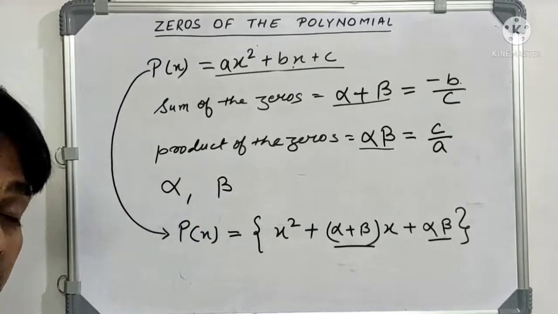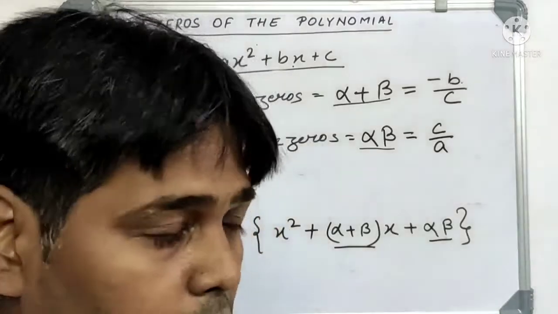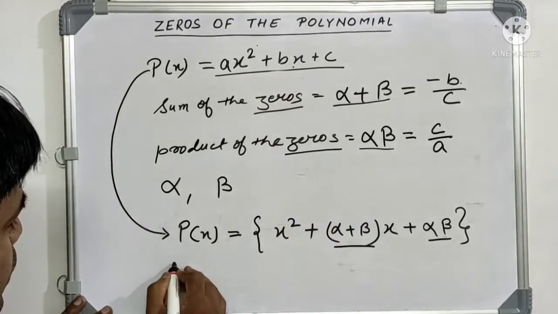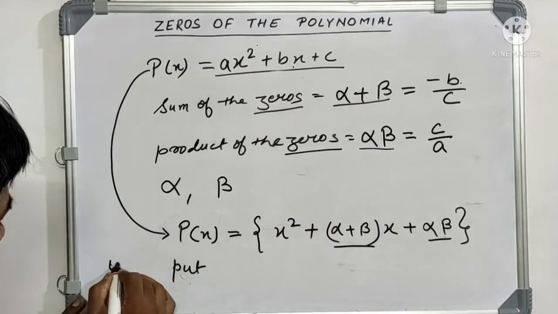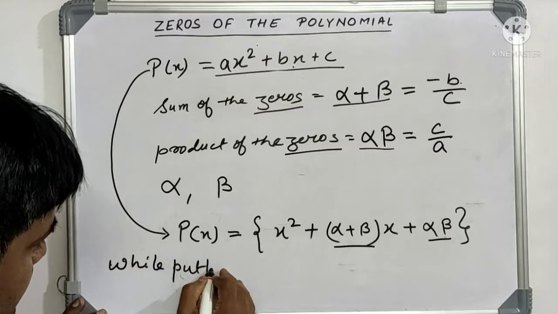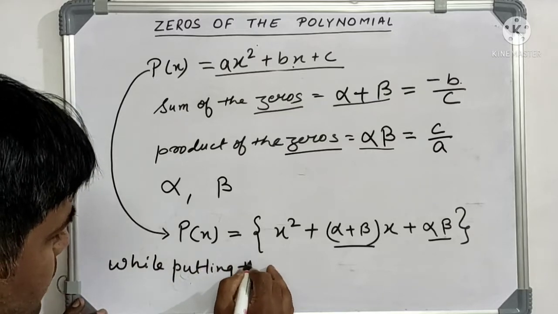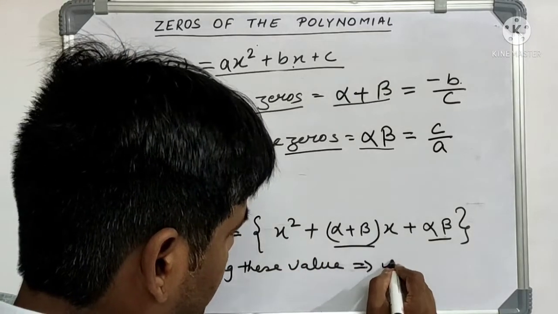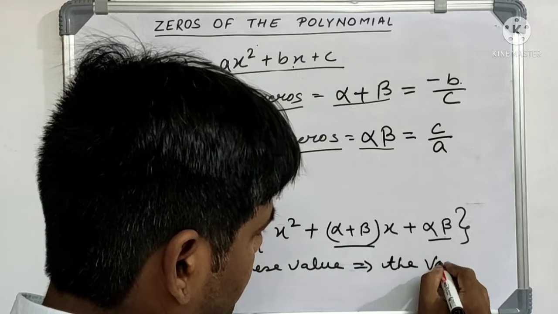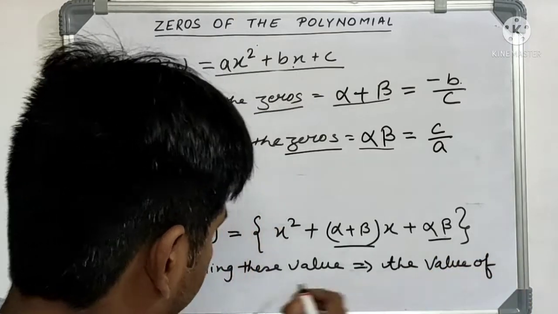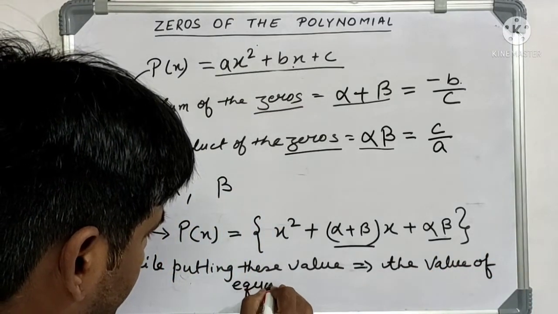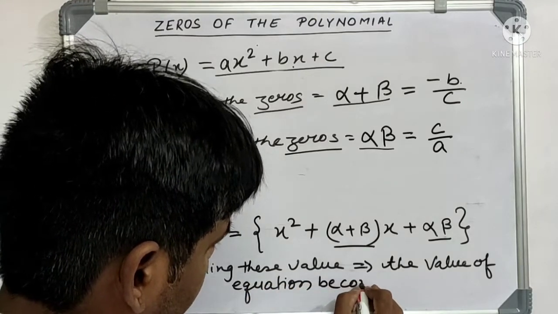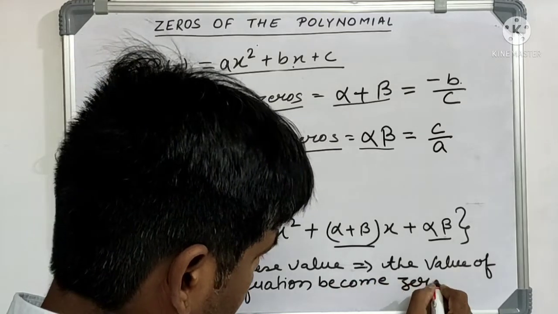Now once again I am going to tell you about the zeros. Zeros are nothing but these values: while putting these values, the value of the equation becomes 0.